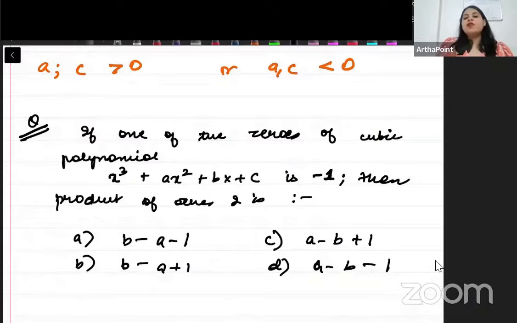So if one of the zeros of the cubic polynomial is minus 1, what will be the product of the other two zeros?